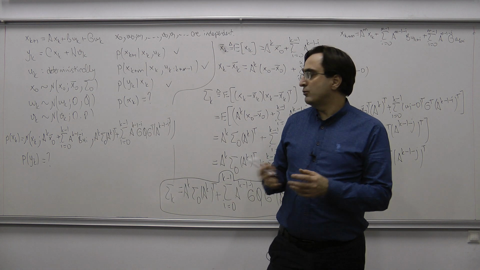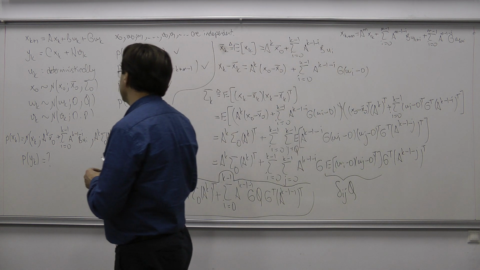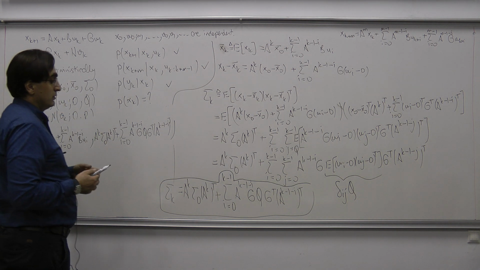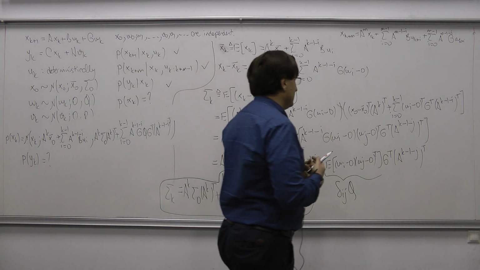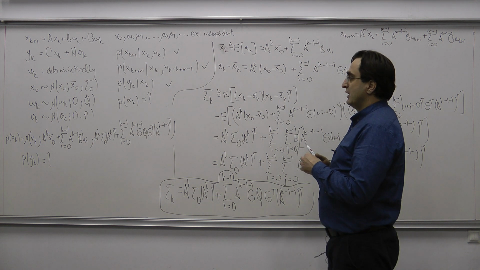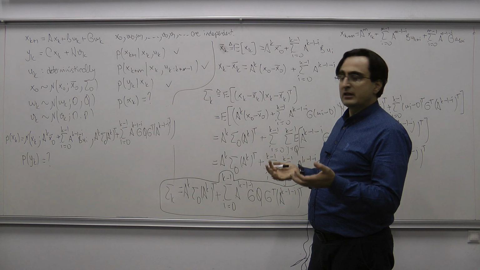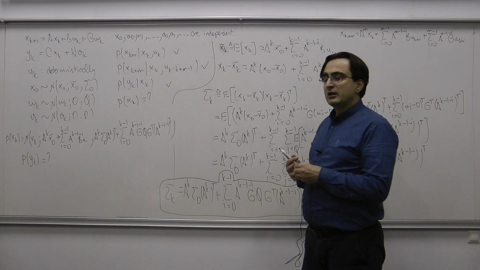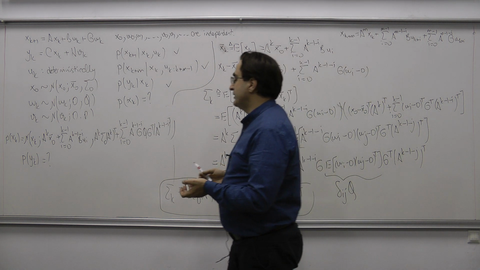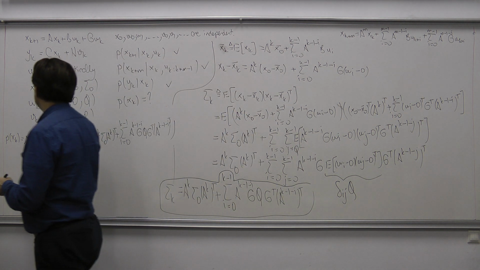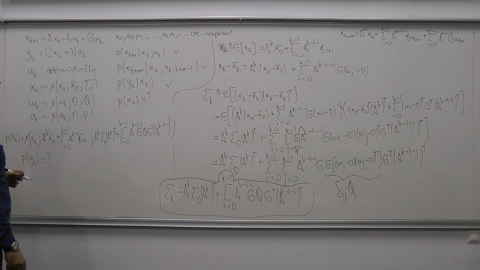So that means that y_k is also going to be Gaussian, and that also means that if I find the mean of y_k and the covariance of y_k, then I'm done. Because a Gaussian distribution can only be represented using its mean and covariance, and if I find the unconditional mean of y_k and unconditional covariance of y_k, then I am done.